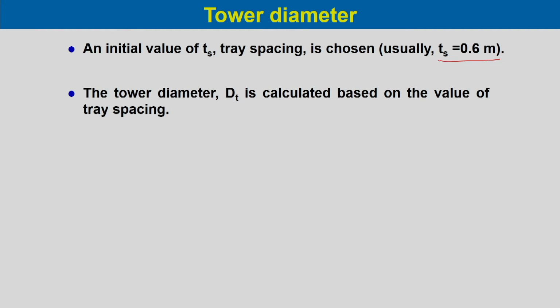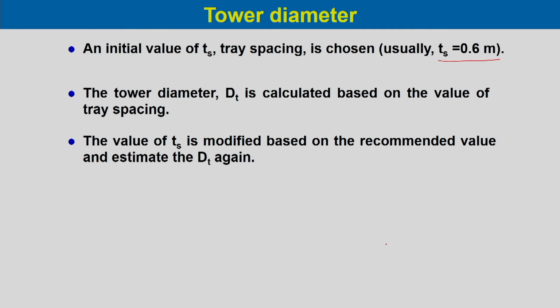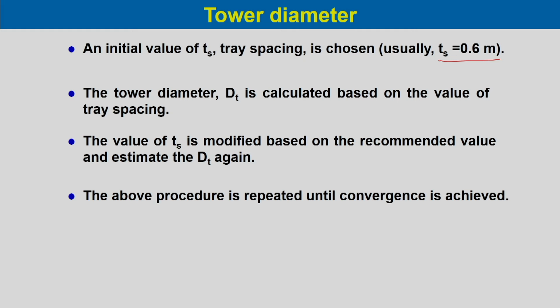The tower diameter DT is calculated based on the values of tray spacing. The value of Ts is modified based on the recommended values and DT is estimated again. This procedure is repeated until convergence is achieved.